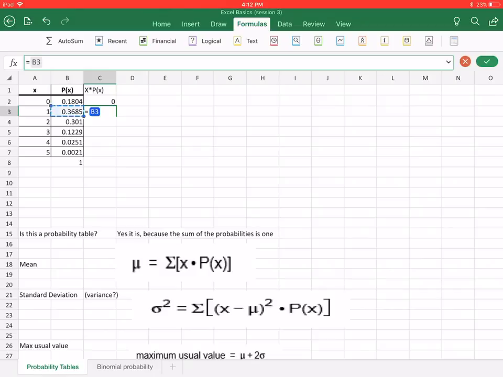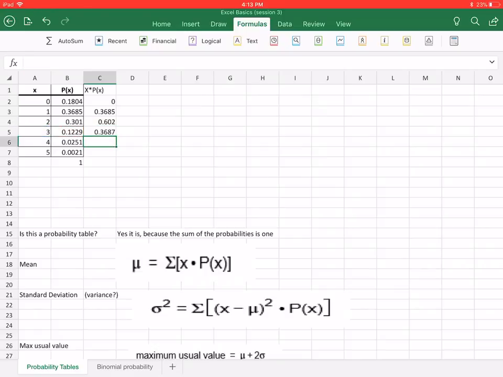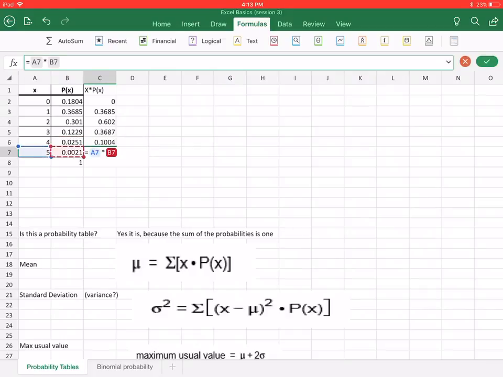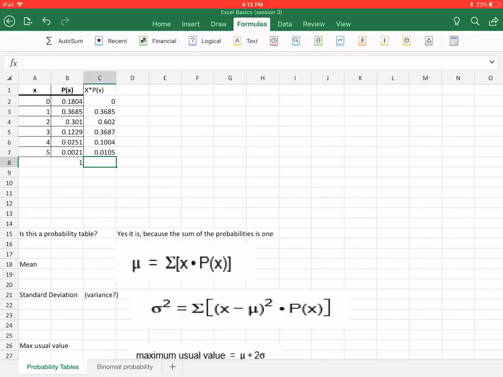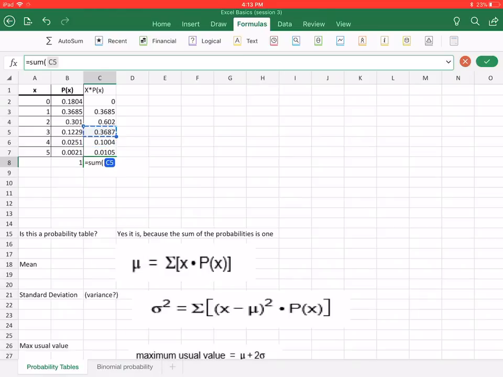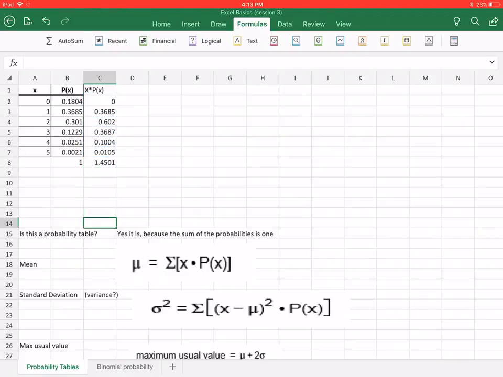So 1 times p of x, times p of x, times p of x, times p of x, times p of x. Okay, and then to find the mean, all you have to do is take the sum of these values, and there's your mean.